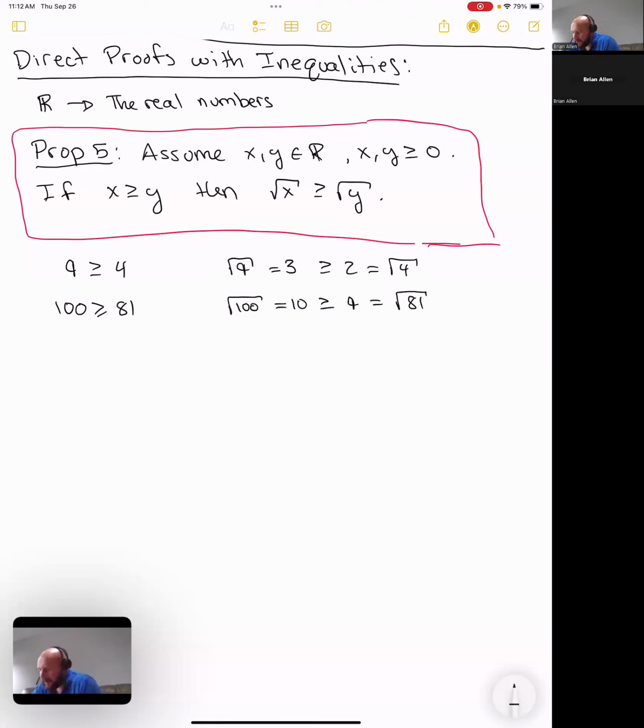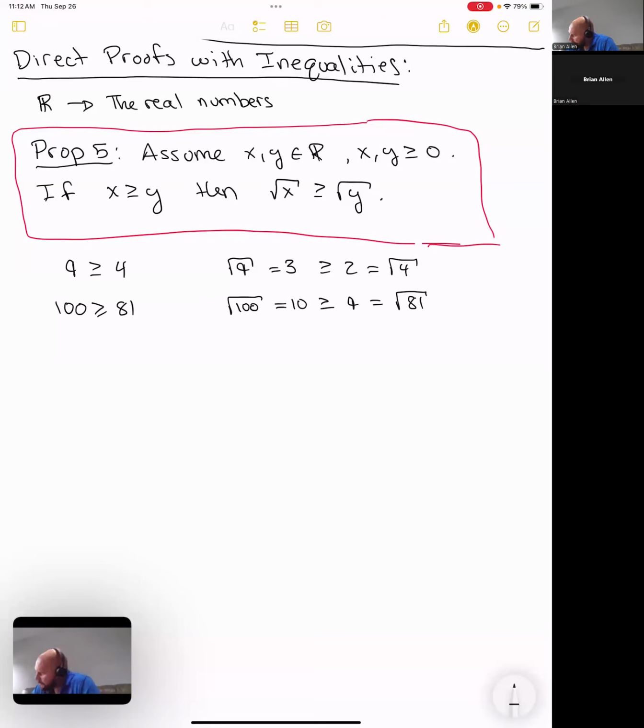Notice when you take square roots, though, the numbers get much closer to each other. 10 and 9 differ by 1, yet 100 and 81 differ by 19. But it doesn't really matter, because even though they get closer, they retain their order property. So the square root of x remains bigger than the square root of y.